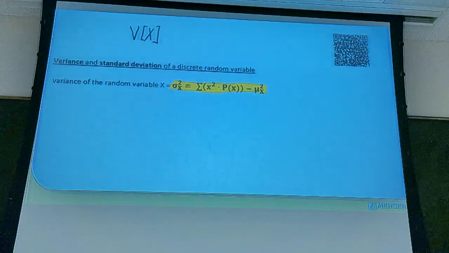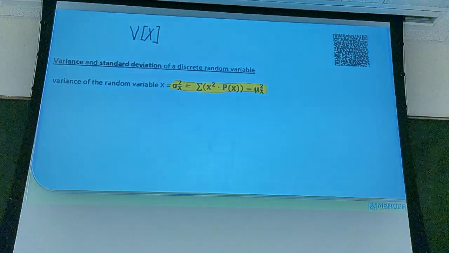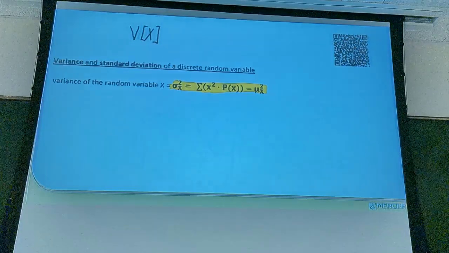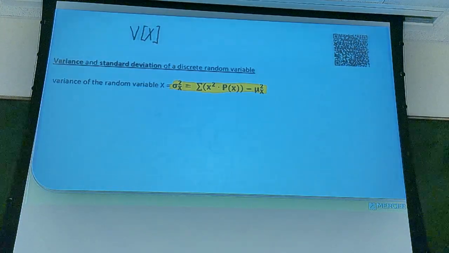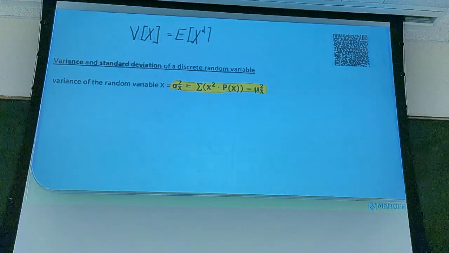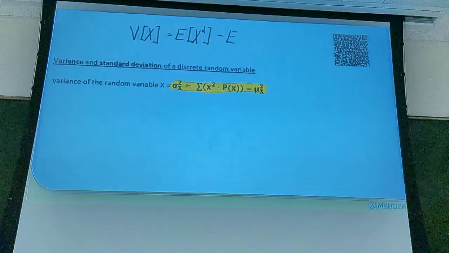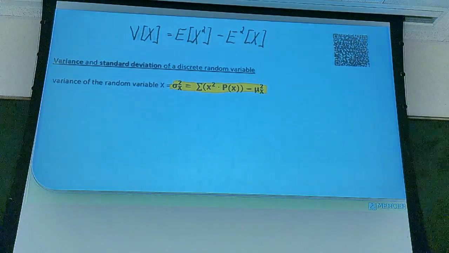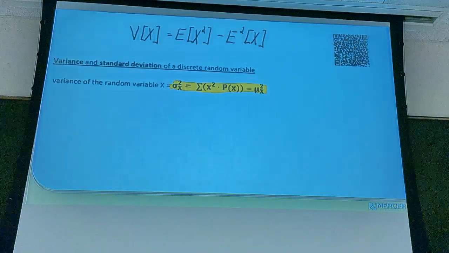Its formula is the sum of x squared times p of x: square each value that the random variable can take on, multiply by its probability, sum them all up, minus the expected value squared. It's more commonly expressed as E of x squared minus E squared of x.